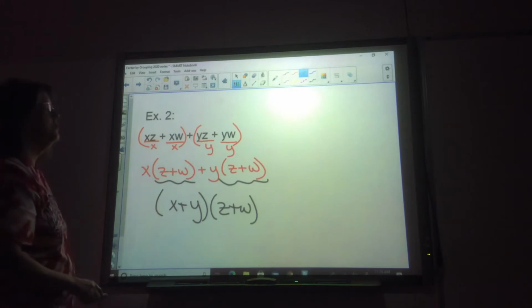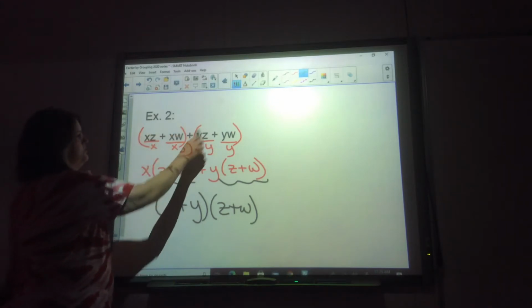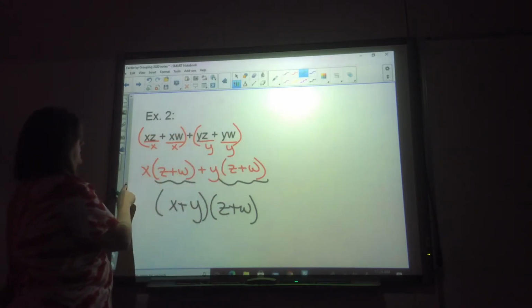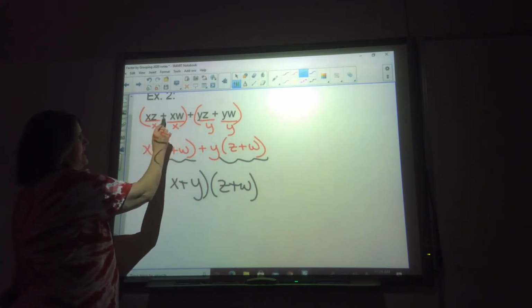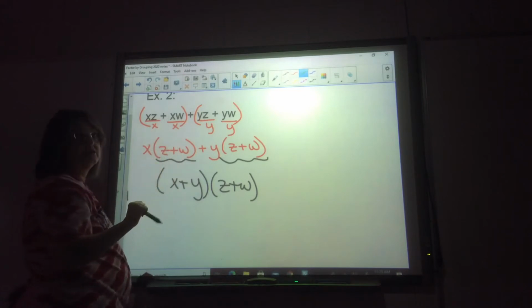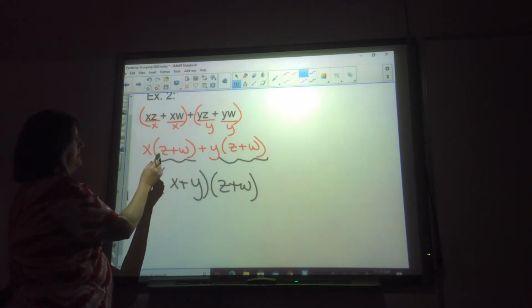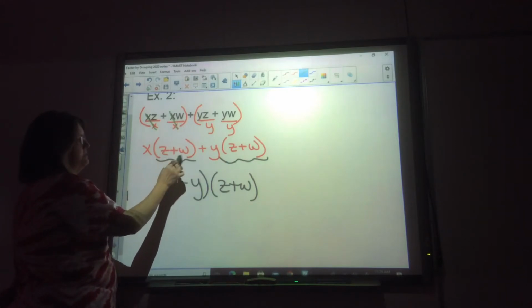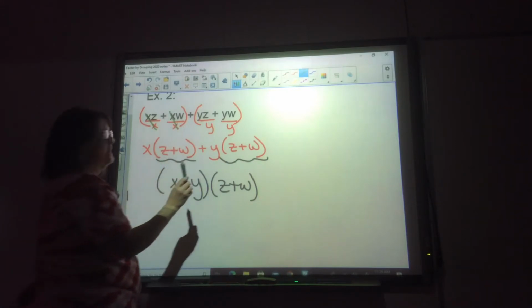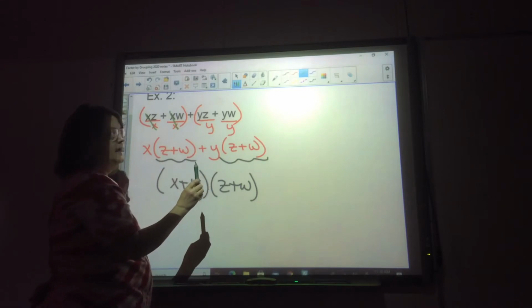Same thing. You're going to put parentheses around 2 terms at a time, and then you're going to pull the GCF out of both of them. If you notice, XZ plus XW, X is what I'm saying, so I'm pulling X out. I'm going to divide by X with both of them. That leaves me with Z plus W. I'm going to go to the second set of parentheses and do the exact same thing.